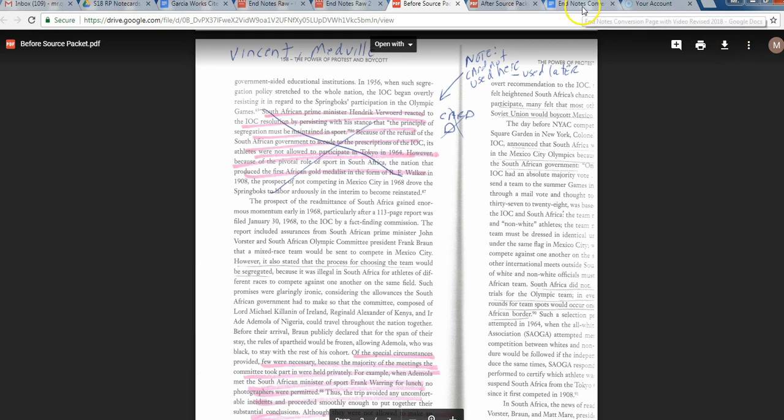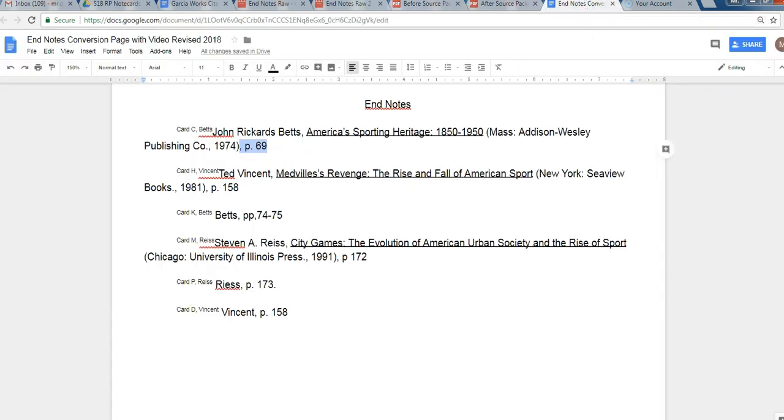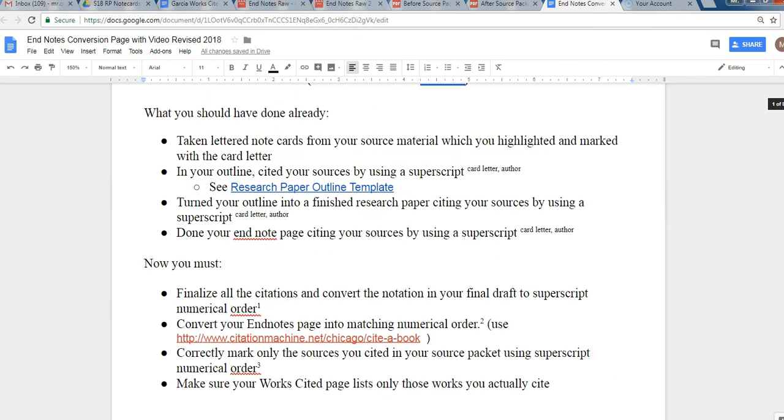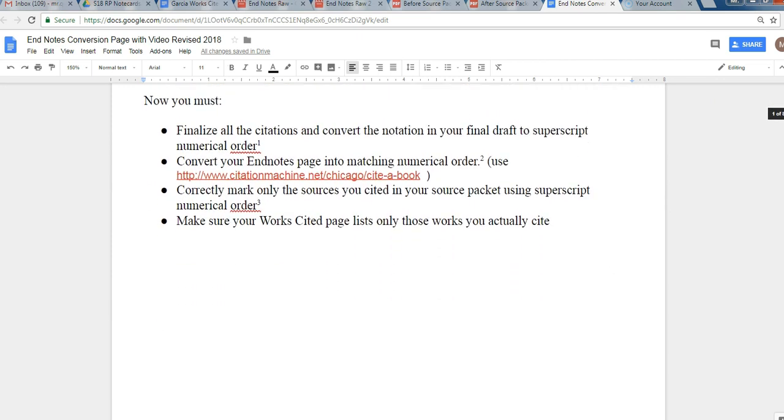Now, what do we need to do? Make sure all your citations are all good, right? Then you're going to convert your notations in your final graph to these numbers. These numbers are sequential in the order that they appear in the paper. They never, ever, ever repeat themselves.